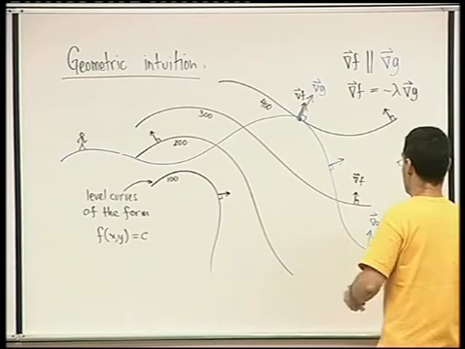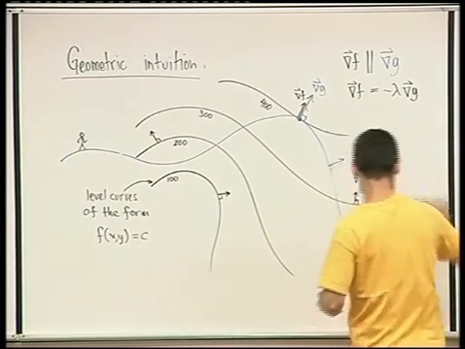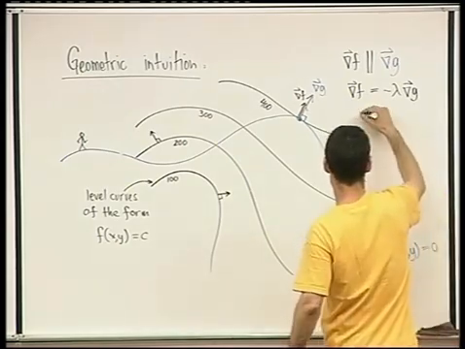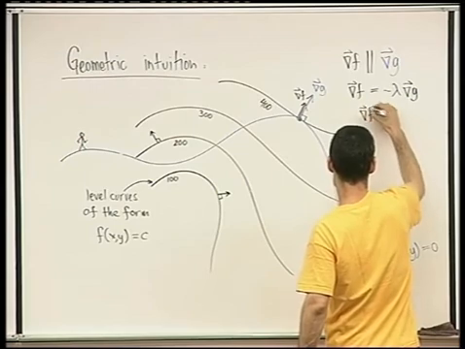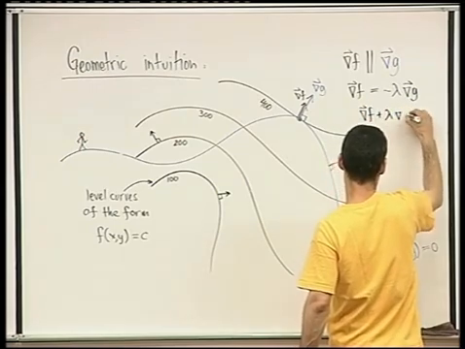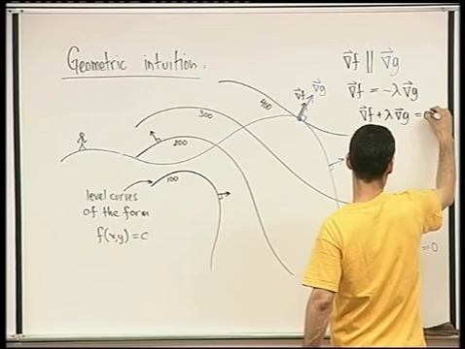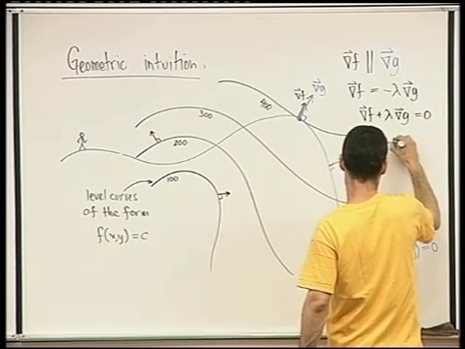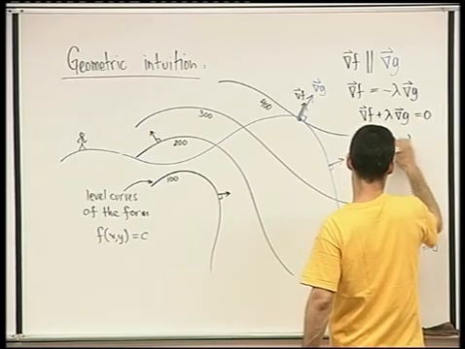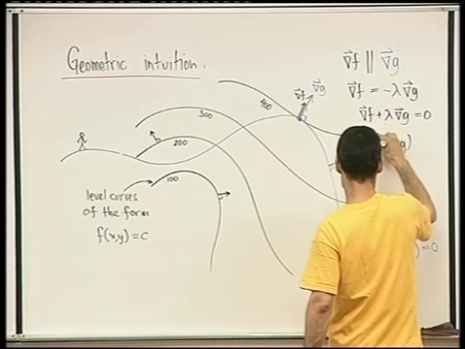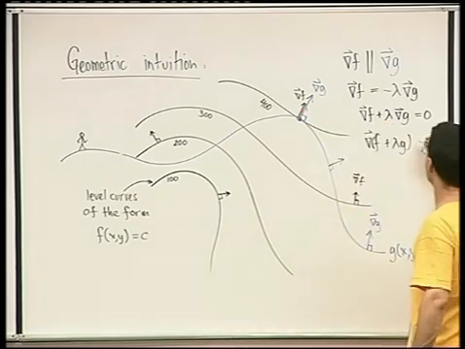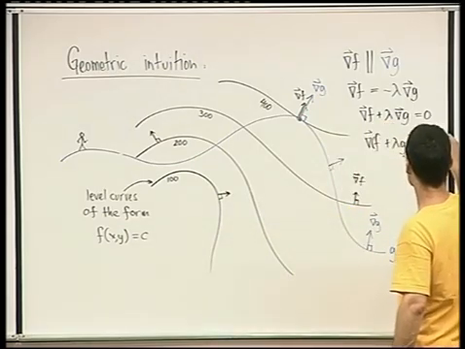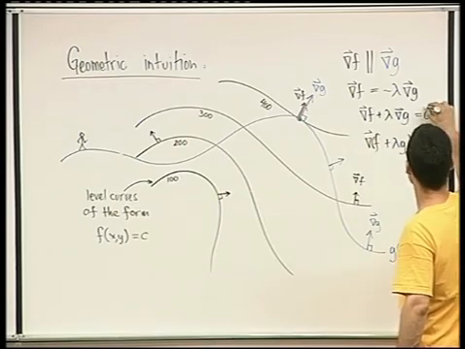So let's erase this level curve a bit. So therefore, the gradient of f plus lambda times the gradient of g equals 0, and that can be written as the gradient of f plus lambda g. The gradient is a linear vector function.